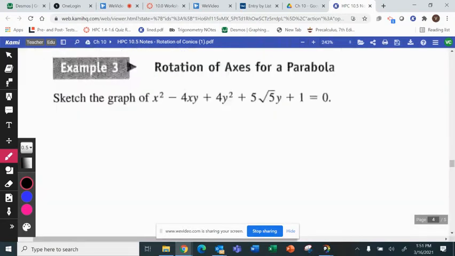Example 3, it tells you that we're sketching a parabola. All right. Just so we don't get totally lost, I'm going to start with what? A, B, and C. A is 1. B is -4. C is 4. Cotangent 2 theta is 1 minus 4 over -4, which is 3/4.